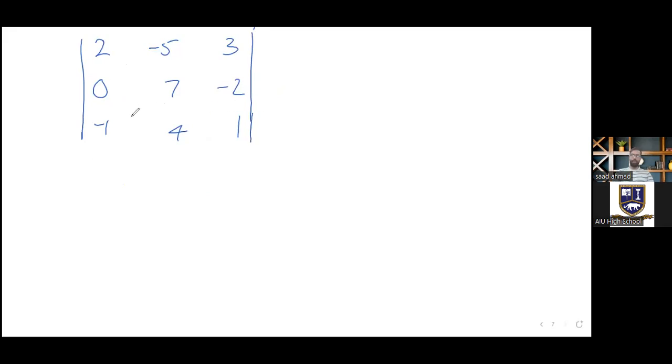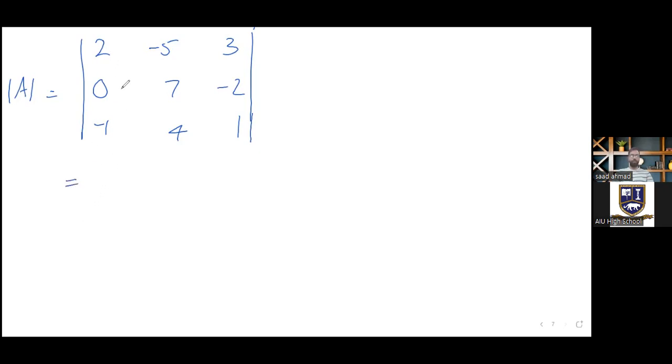Okay, so let's call this a determinant. We can expand it from any row and any column, but a normal practice is that we usually just expand it from the first row. So let's just start from the first row.